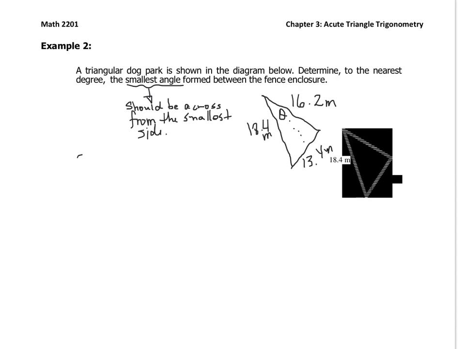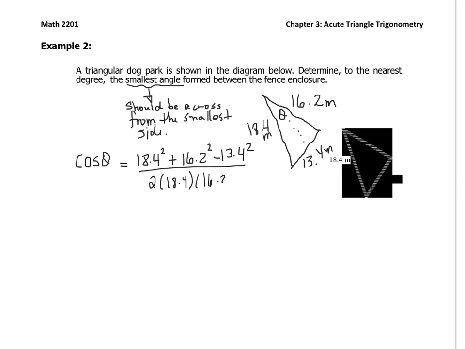So we would be looking for cos of theta. The two sides that you want to square would be the ones that are around the angle that you're looking for. And you always subtract the one that's across from the angle squared. And then it's all over 2 times 18.4 times 16.2.